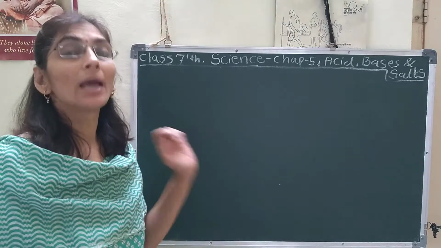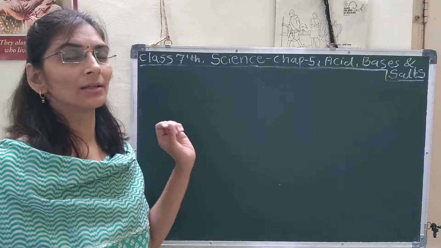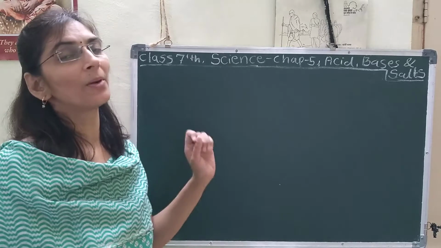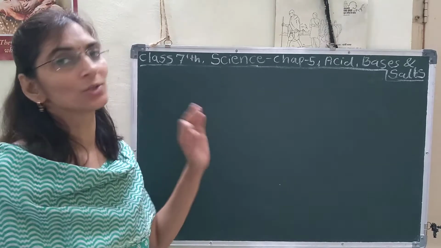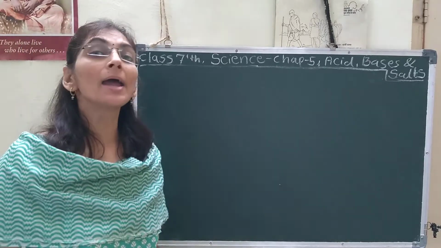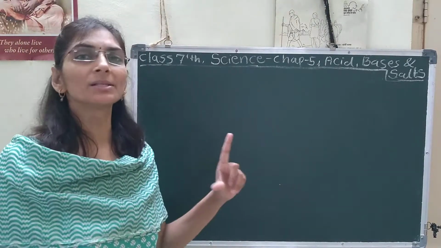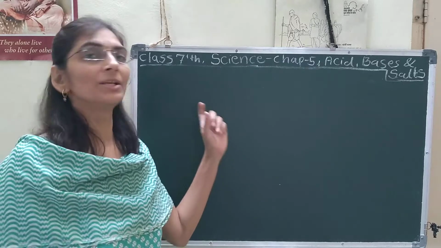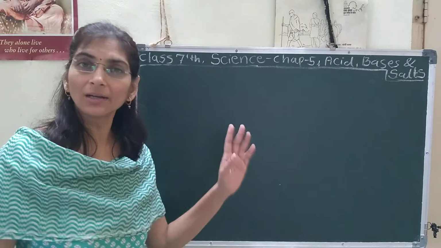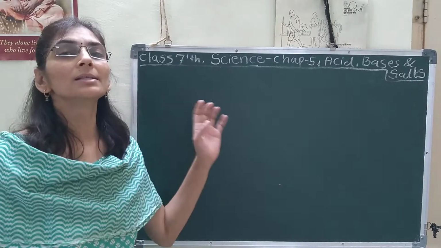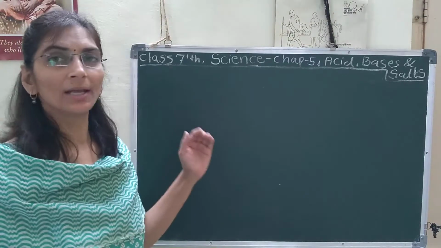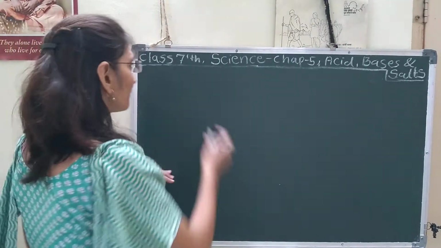Phenolphthalein is a chemical indicator used in the laboratory. Litmus paper is a very common and useful indicator, and by litmus paper we can identify which are acids and which are bases. This litmus indicator is nothing but the extract of the lichen plant, so it is herbal as well.